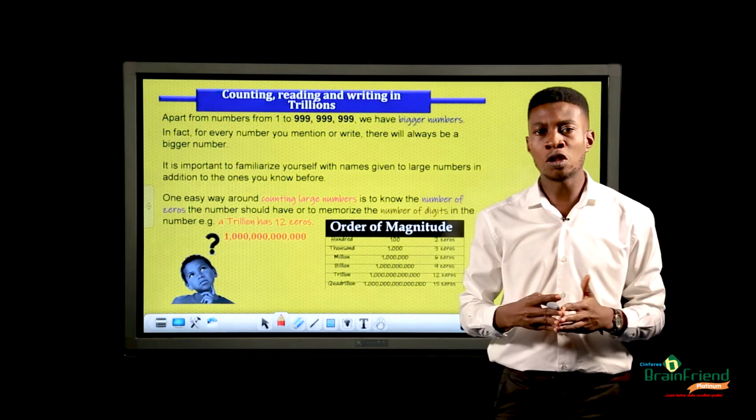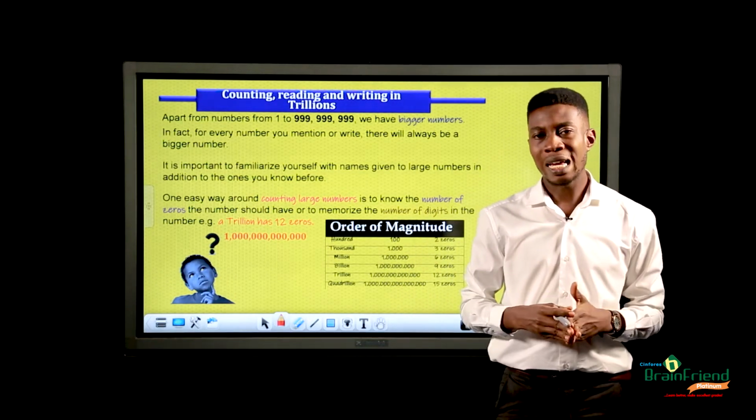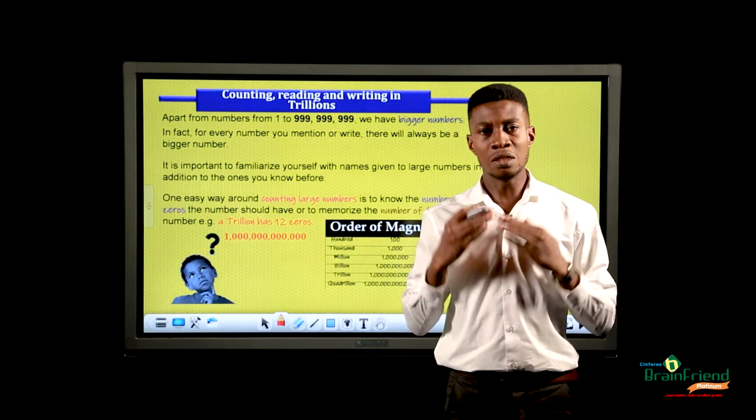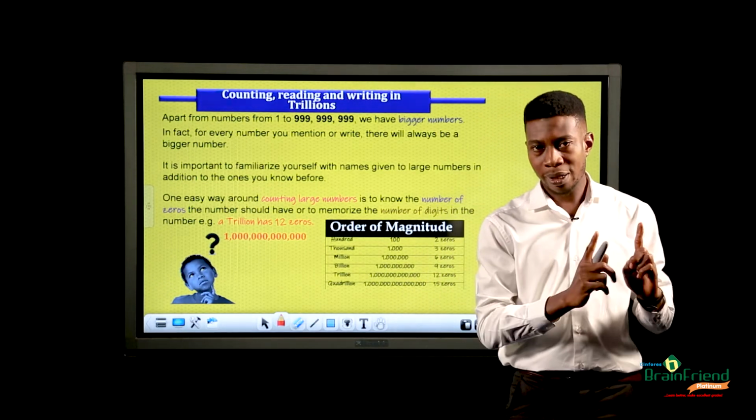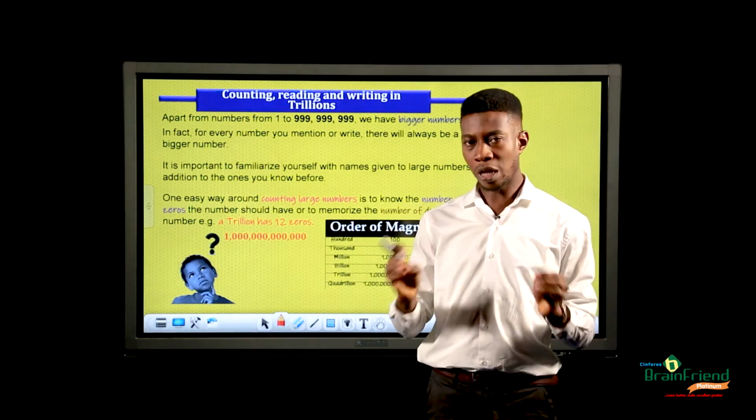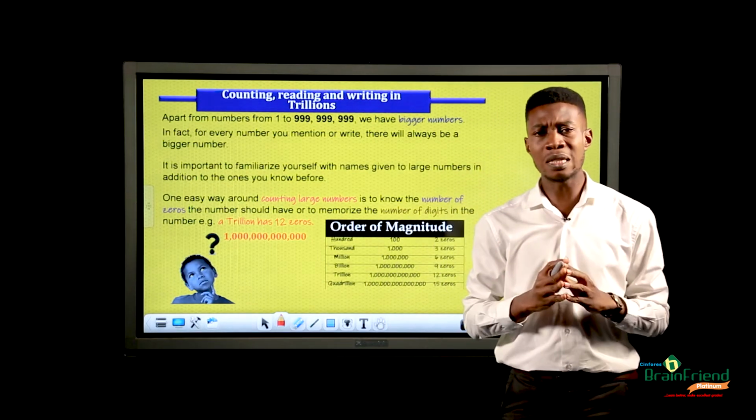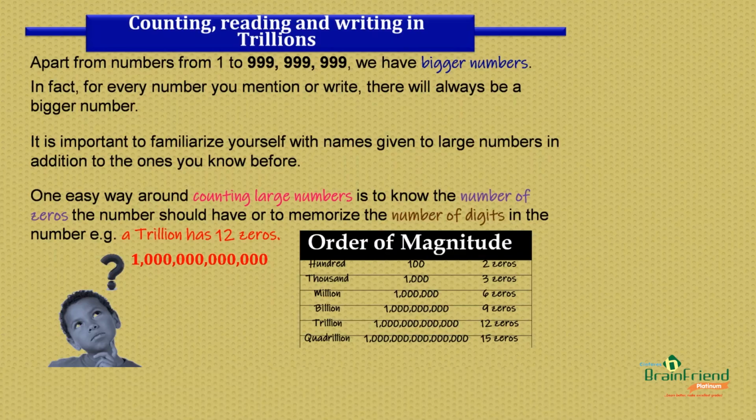I already mentioned that 1 trillion has 13 digits, digit 1 and 12 zeros. You must always keep this in mind whenever you are handling large numbers.